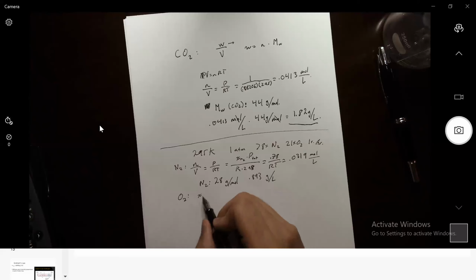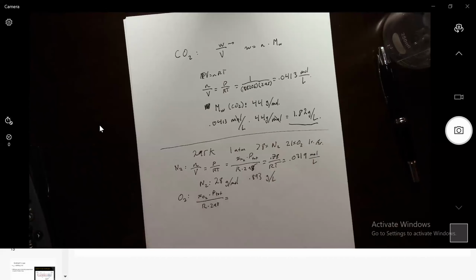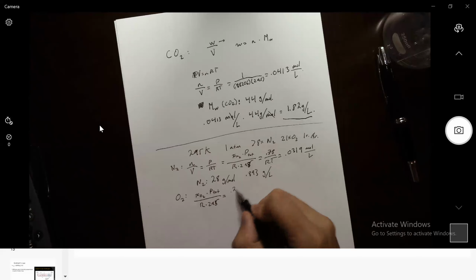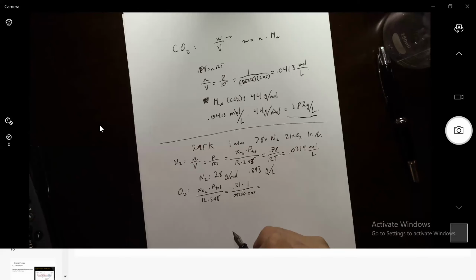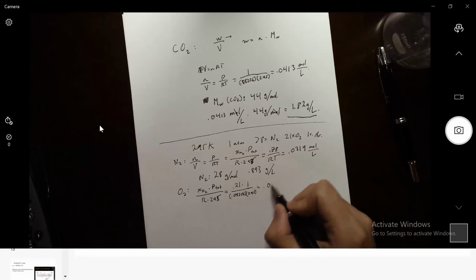Can someone tell me what this equals? That should be 295, but it doesn't matter, it's fine. Okay, so this equals 0.00868.